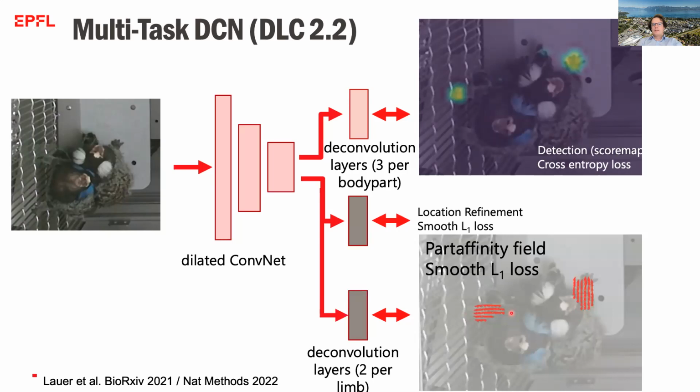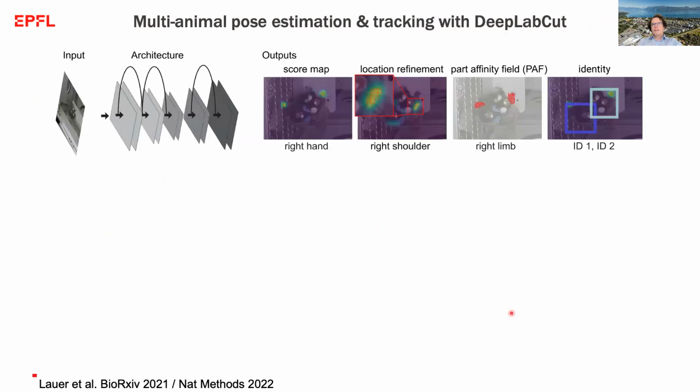Okay, so in summary, the deep neural network within DeepLabCut for multi-animal pose estimation, which was introduced in version 2.2 of DeepLabCut, consists of outputs for the key point pose estimation, score map and location refinement, and then this new part for predicting part affinity fields in order to link key points.